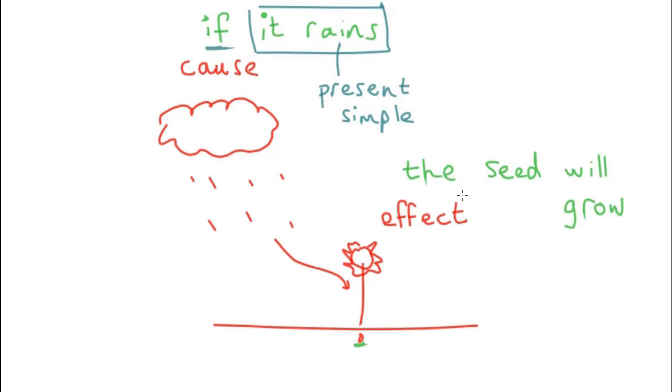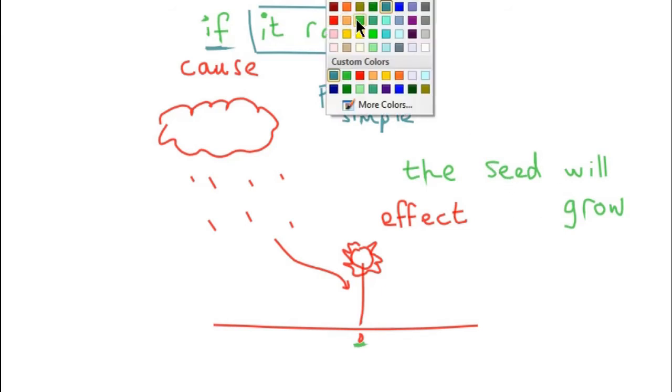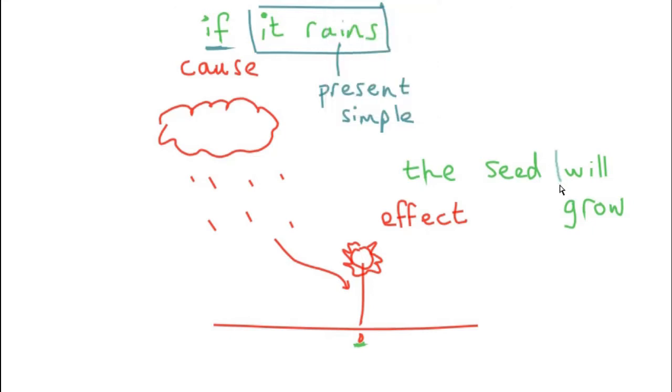For the effect part or the result, we use a modal verb. Modal: will, can, may, or might, or something like this.